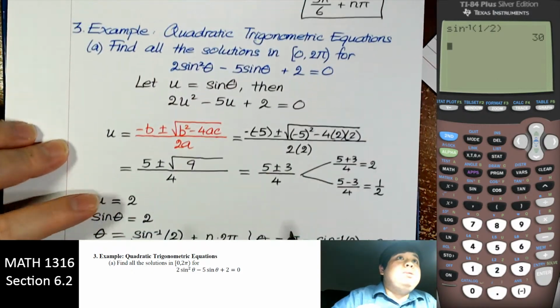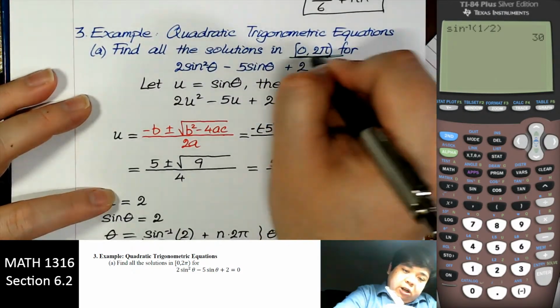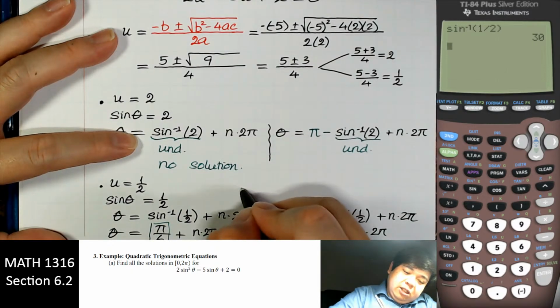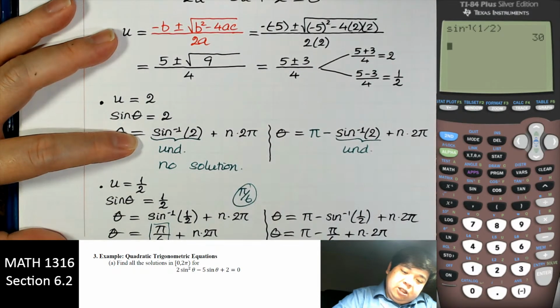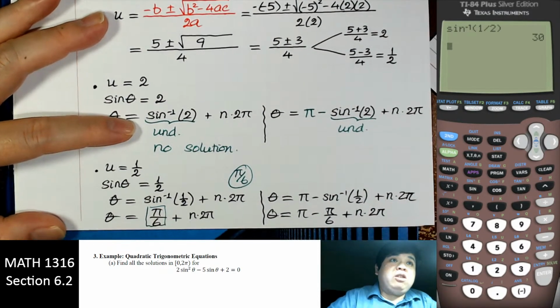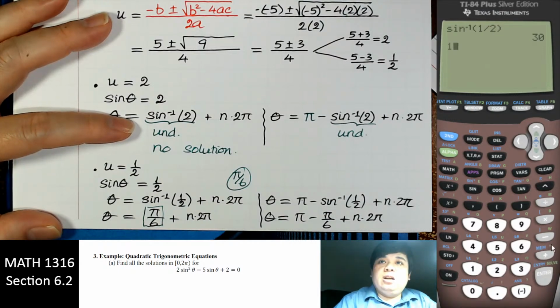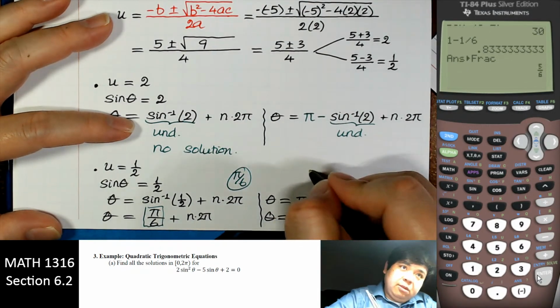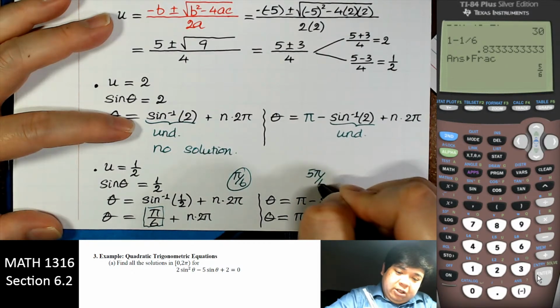And the answer must be between 0 and 2 pi. So we're going to choose pi over 6. And then here we have pi minus pi over 6, it's 5 pi over 6. So 5 pi over 6.